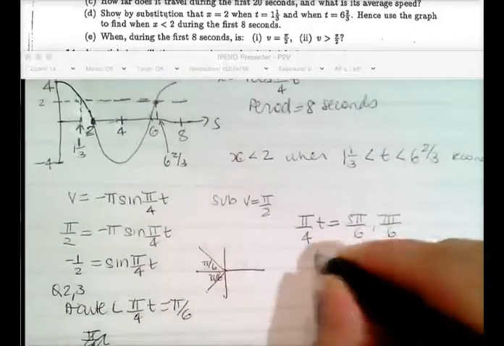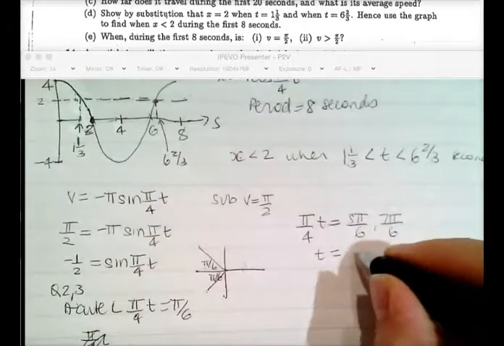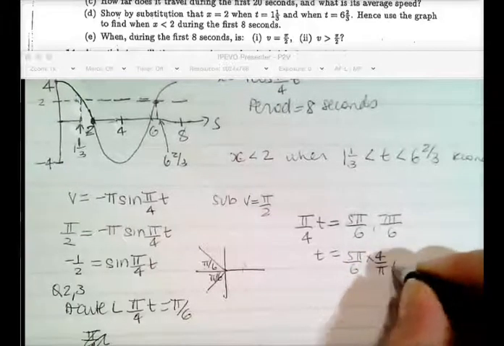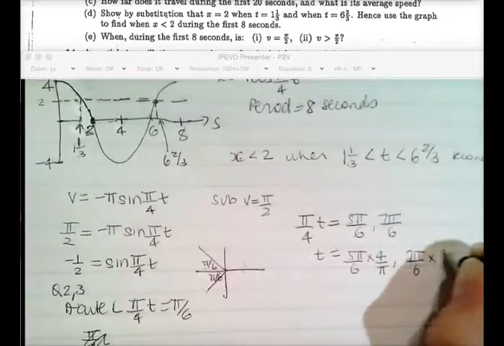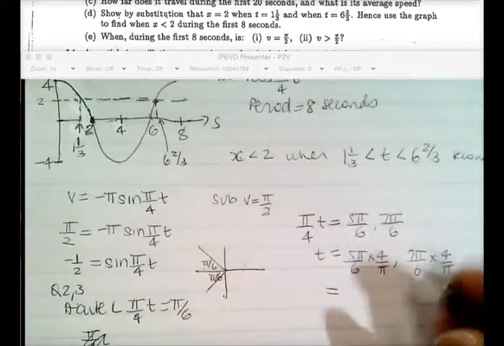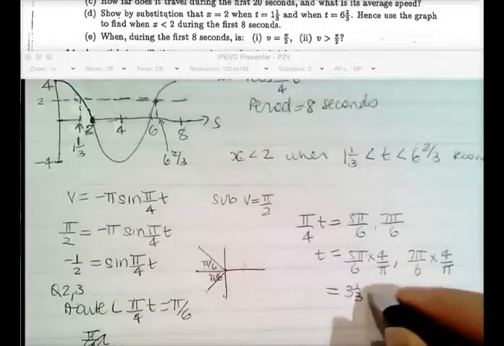Okay, and so therefore t is dividing by pi on 4, which is multiplying by 4 on pi. You get 5 pi on 6 times 4 on pi, and 7 pi on 6 times 4 on pi. So the times are, we get 20 on 6, which is 10 on 3, which is 3 1/3. The pi's cancel.